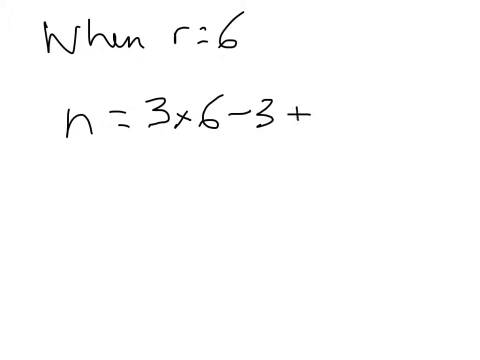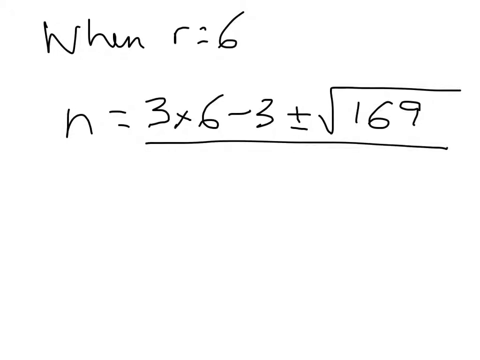So when r is 6, n is equal to 3r minus 3, plus or minus the square root of 169, divided by 2, but we're not really interested in the negative root there, which is 15 plus 13 over 2, which is 14.